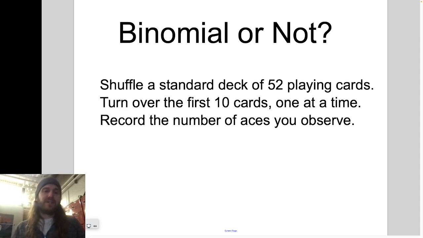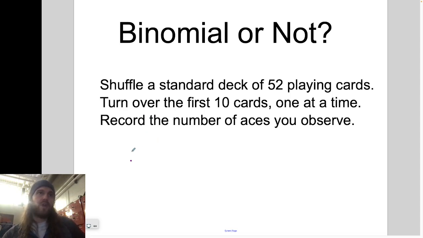So since the probability of getting an ace changes, right? Even if you don't get an ace, if you flip over the first card and you don't get an ace, now the probability of getting an ace is higher because there's one less card in the deck. So are the trials independent here? The answer is no.